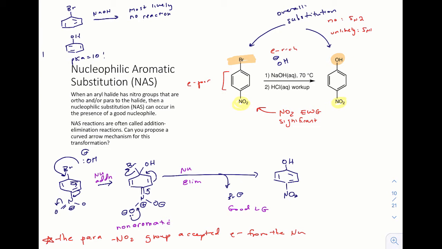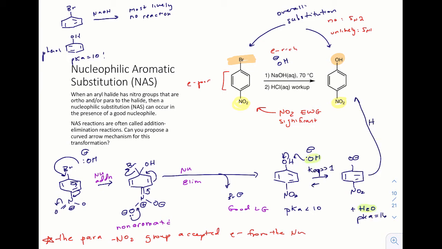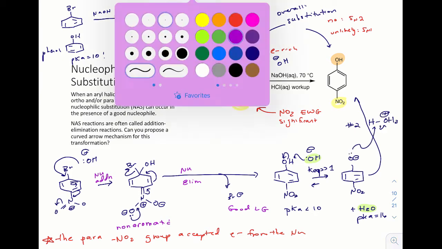So phenol itself has a pKa of 10. With the nitro group, its pKa is much lower than 10 because of the electron withdrawing ability of the nitro. So in fact, in the presence of hydroxide, the phenoxide is generated. And then that workup step reprotonates the phenoxide to generate the neutral phenol.